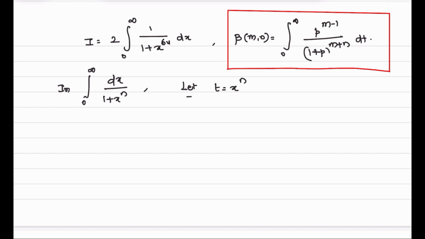Apply the procedure. Let t is equal to x to the power of n in this. What happens? It implies dt is equal to n into x to the power of n minus 1 into dx. Do you agree? 1 plus x to the power of n is equal to 1 plus t.